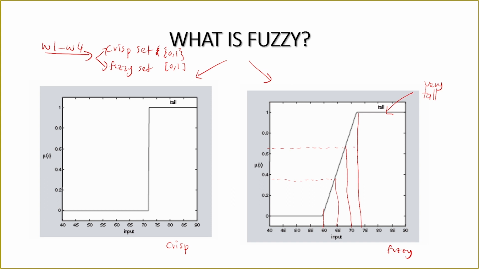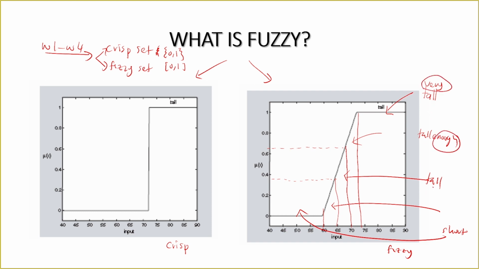Example, this area will be tall enough, while this one is tall, this one is quite tall, this one is short. So the things that we have over here are linguistic terminology, like very tall, tall enough, still tall, or tall average, basically related to language terminology.